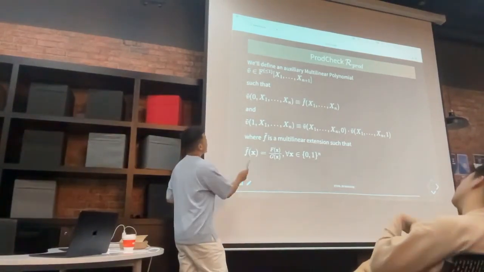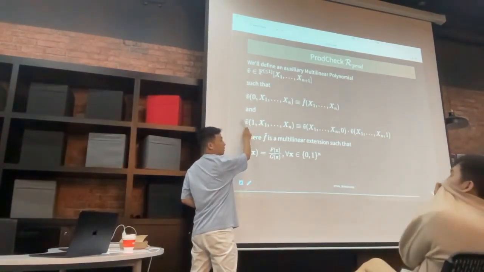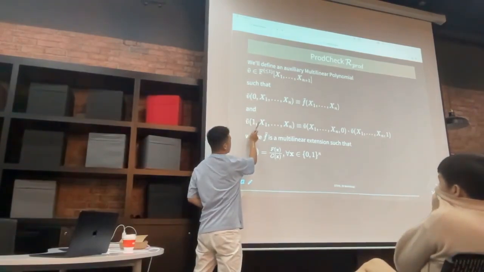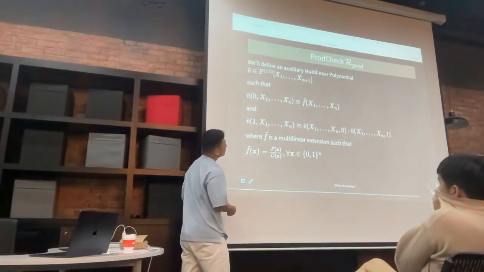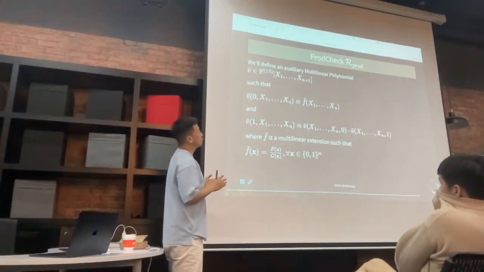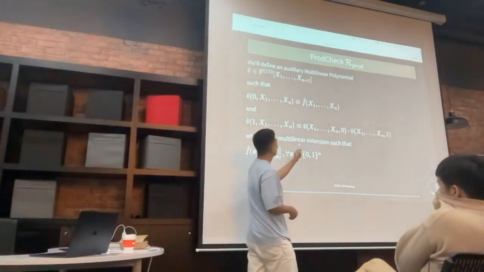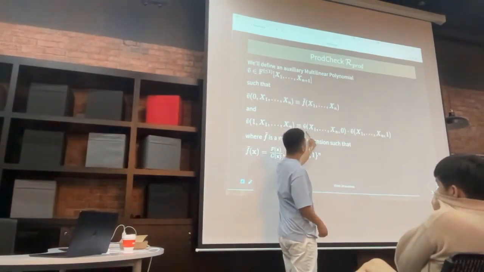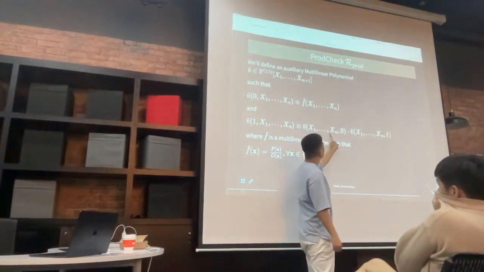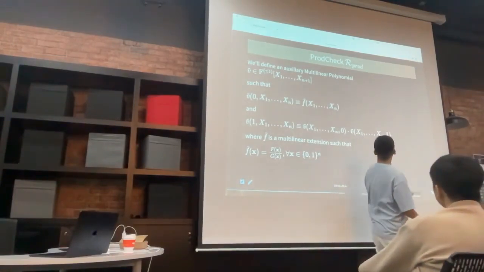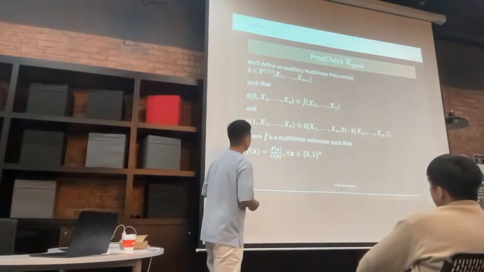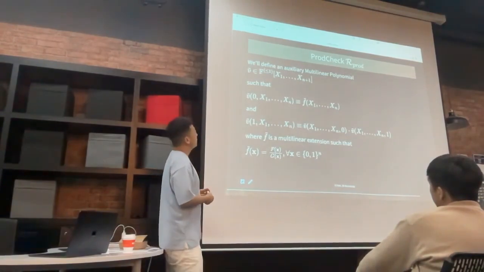And the value at v tilde of 1, x1 to xn will return the same value as v tilde of x1 to xn, 0, and x1 to xn, 1.